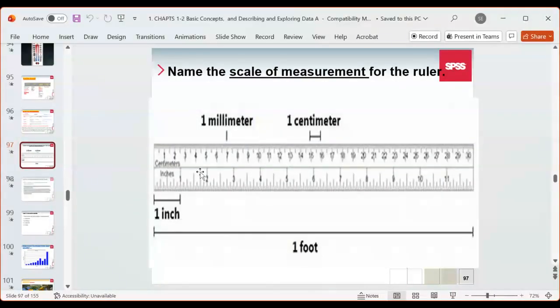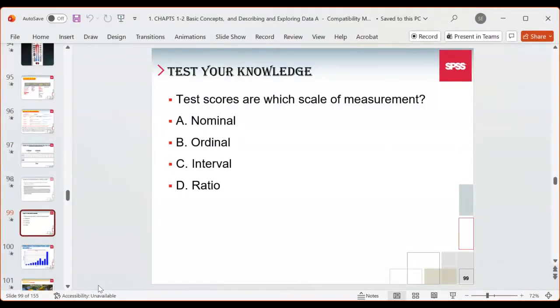Also, all these numbers could be individually labeled. Also, they're in order, ordinal. So with that, it has everything else. It has the highest quality, and it has the qualities of the others, except that the zero is absolute zero, not artificial. That's the only difference.